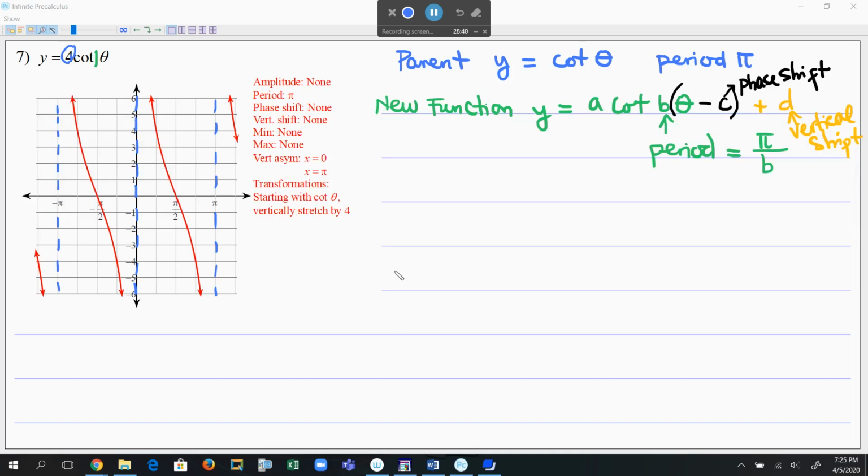So where do they come from? I'm going to go ahead and make a table quickly so we can see. Let's make a table.